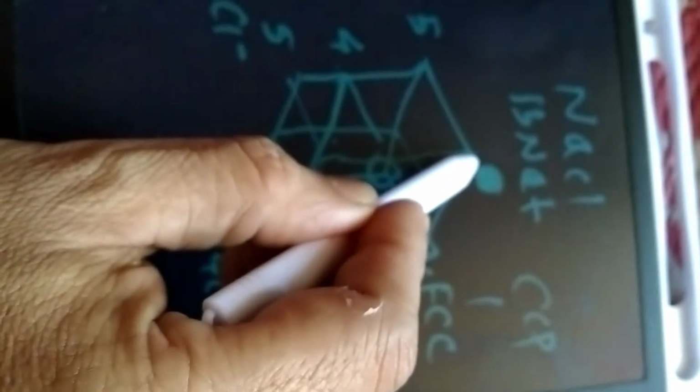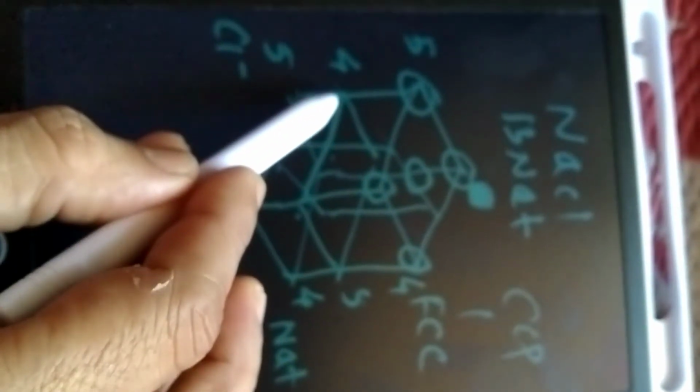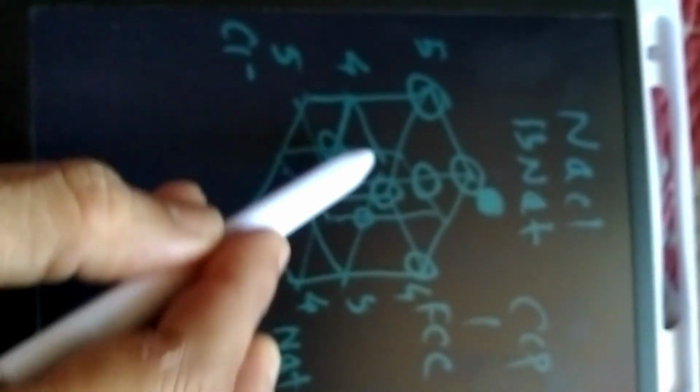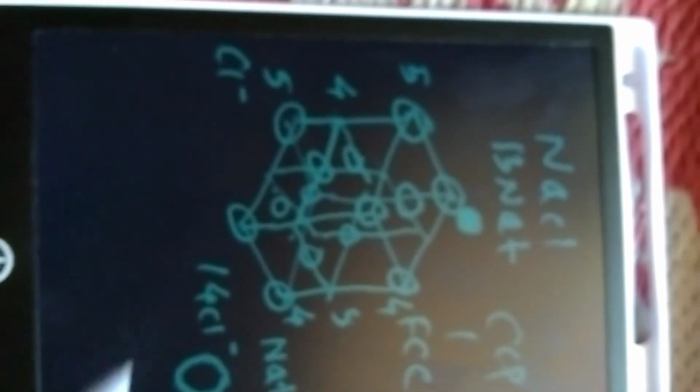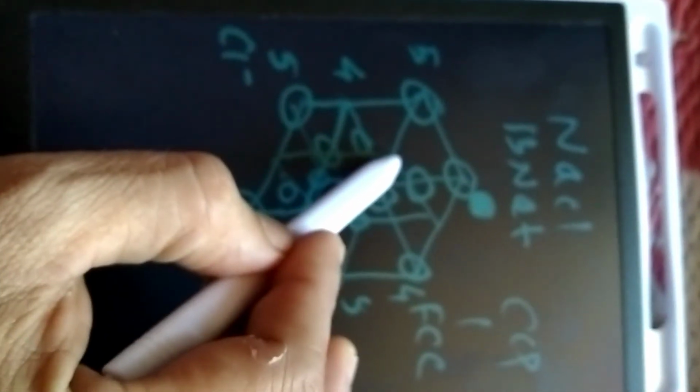Here 5 chloride ions are at the corners and the center. Alternating, 4 chloride ions are present only at the centers of the plane, and then again alternately at the corners and the center. In this way the 14 Cl- ions are present, occupying alternating positions.